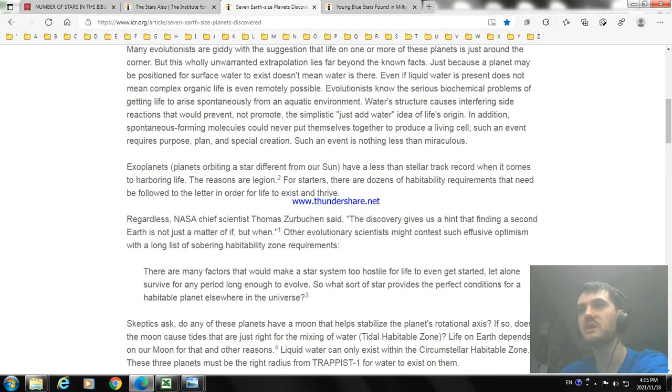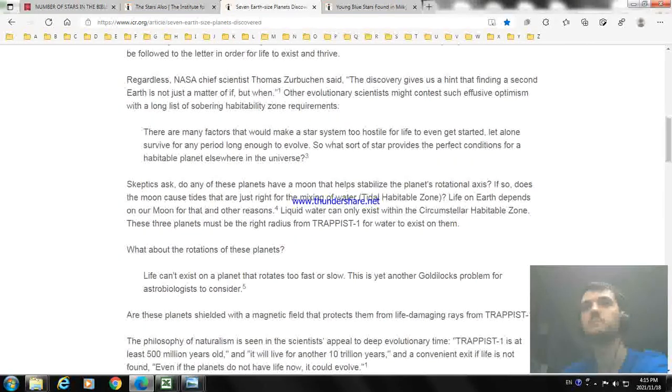Other evolutionary scientists may contend with incidents of long separating habitability zone requirements. There are many factors that make our solar system too hostile for life, even to get started, let alone survive any period long enough to evolve. So, does the star provide conditions for a habitable planet elsewhere in the universe?